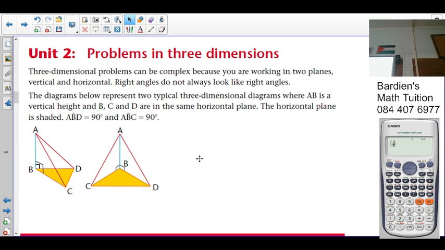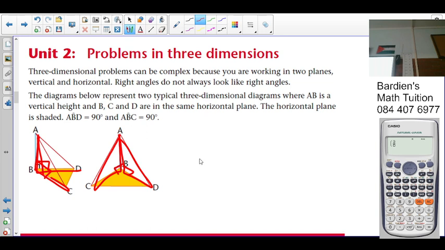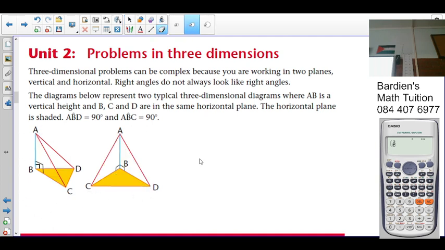And you see here that angle ABD is 90 degrees, and angle ABC is also 90. You see that, people? And here as well, angle ABD is 90, angle ABC is also 90. You guys understand? Why? Because the horizontal is perpendicular to the vertical. And those are basically the 2 commonly used diagrams for these problems.